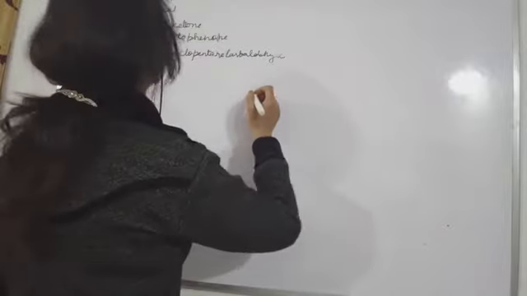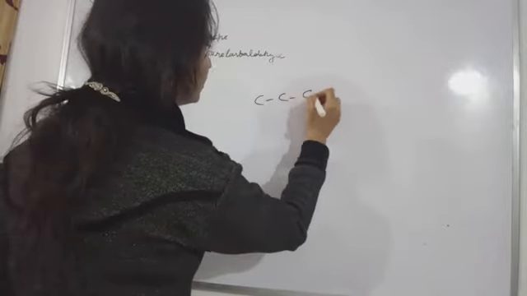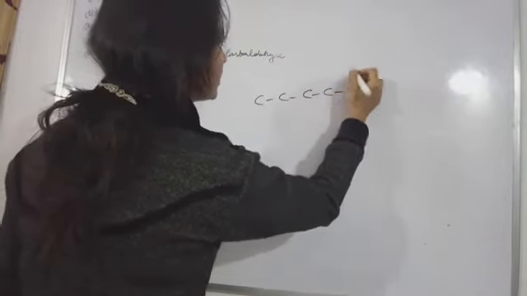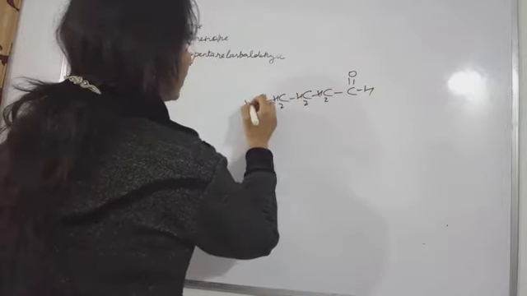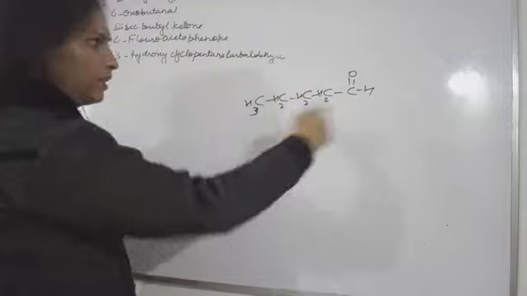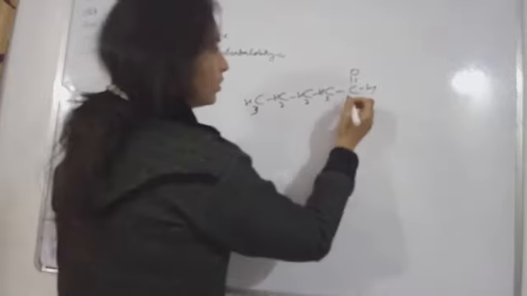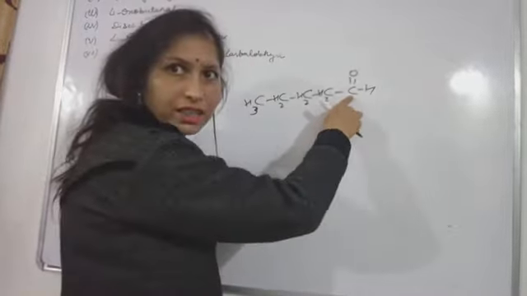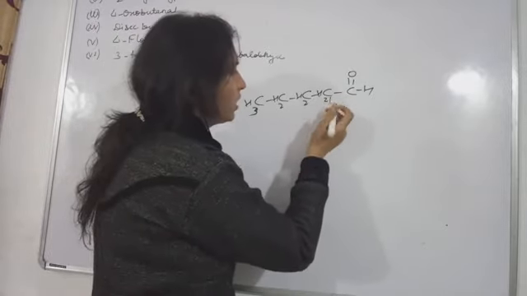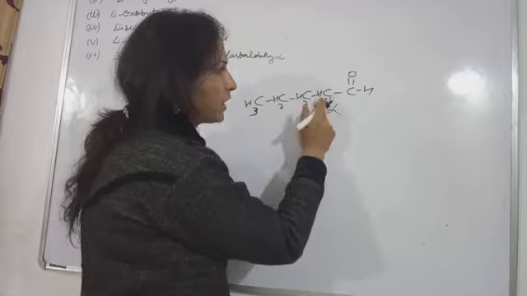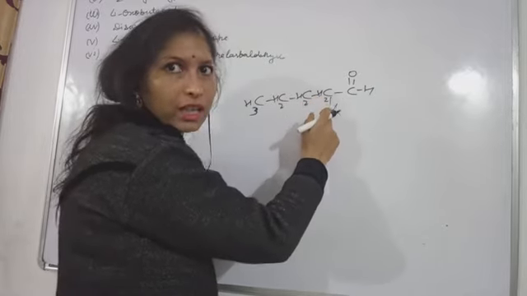Alpha hydroxy, this word alpha: suppose this is the compound, with hydrogens everywhere. The carbon possessing the functional group, the carbon next to that, will be called the alpha position. Next means the adjacent carbon, which is the alpha carbon.